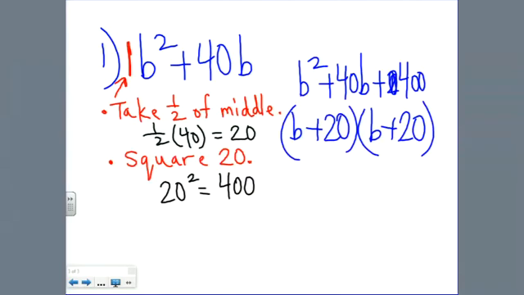Now, because there are two of the same binomials, we can write this as one exponent. So we can write this as b plus 20 quantity squared. So this is part of the completing the square process, just to kind of show you what to do on the left side. Any questions before we actually solve a problem?